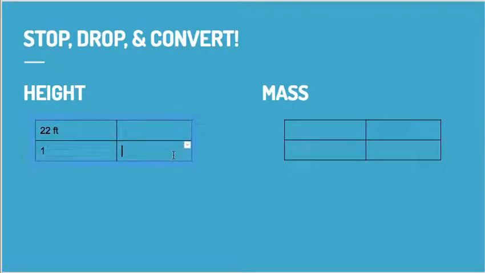We're trying to get rid of feet, so we're going to list feet on the denominator so that they cancel. And let's strike through this to show that they're canceling. And our SI unit of height is meters.